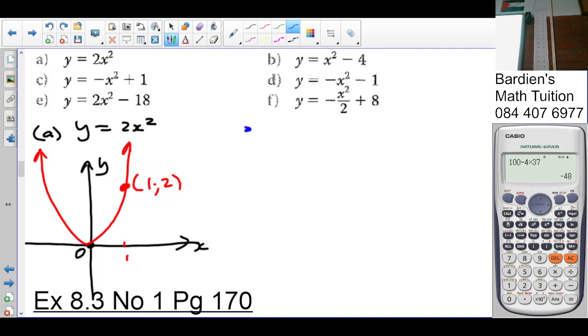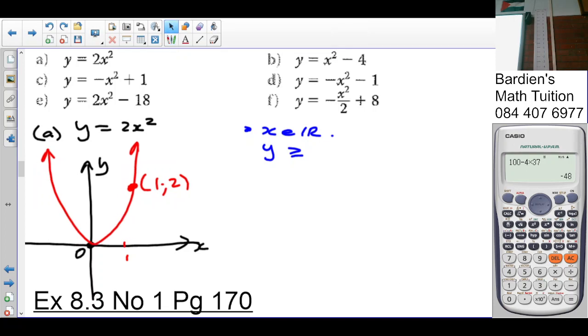The domain. What's the domain of this graph? X an element of real numbers. What's the range? Y is greater than or equal to 0.